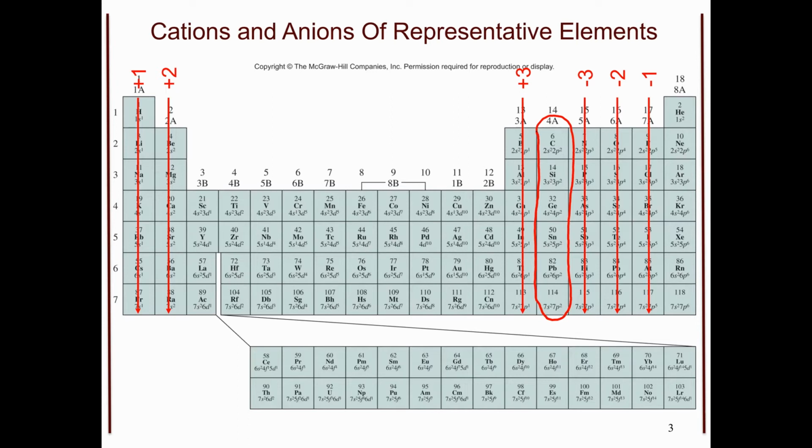This is why carbon likes to share electrons, and we will see that once we start to build compounds. Silicon likes to share them a notch less. And finally, when we get to tin and lead, we actually like to form the +4 cation.